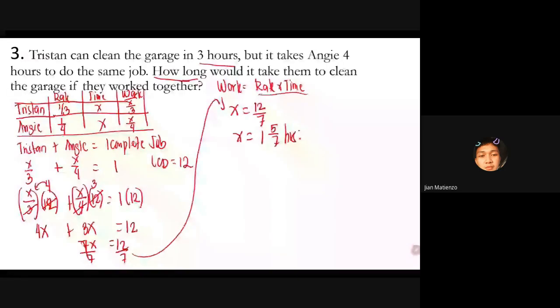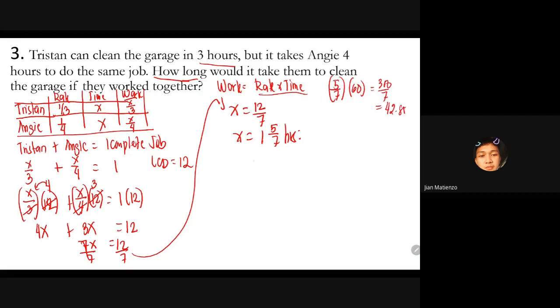If you want to have a more precise answer, you can convert 5 over 7 into minutes. So that's 5 over 7. In 1 hour, there are 60 minutes. So that will give you 300 over 7. Ang 300 over 7, where's my calculator? 300 divided by 7, that will give you 42.85 minutes.